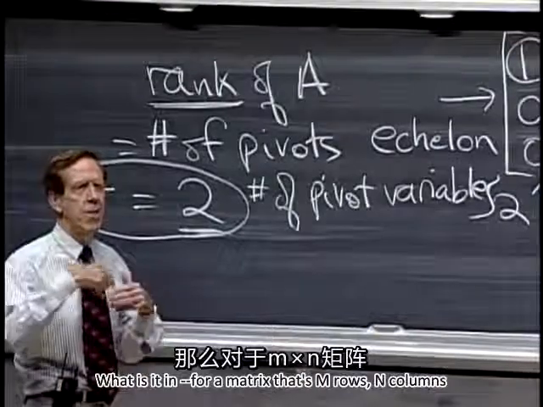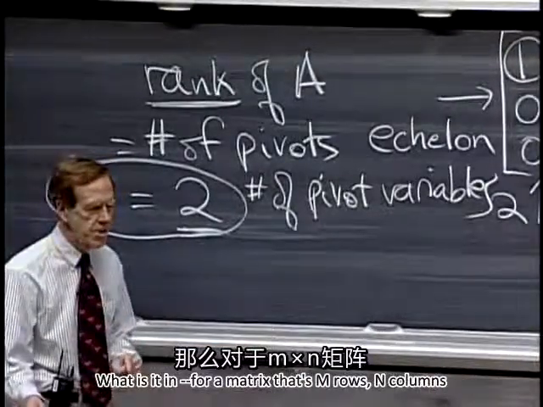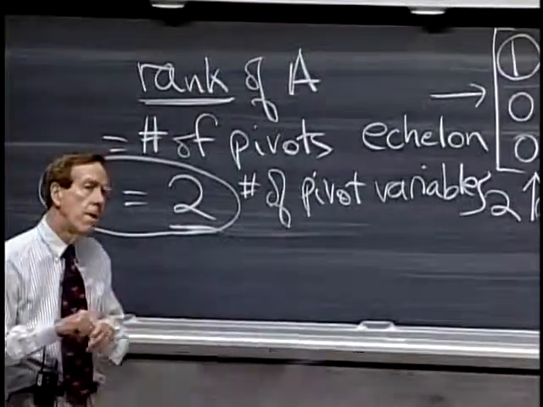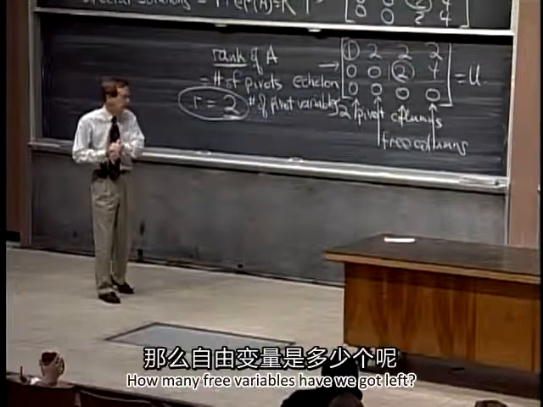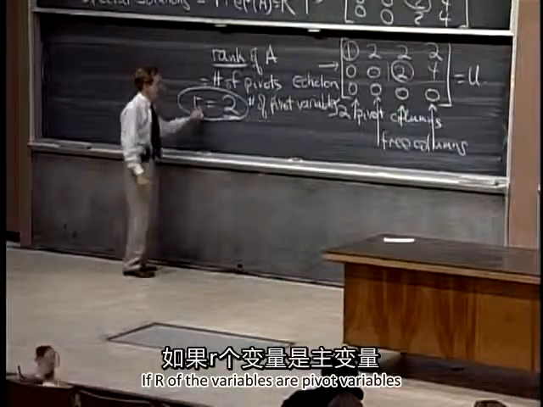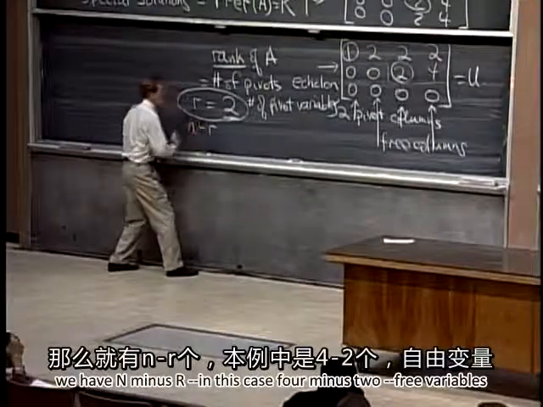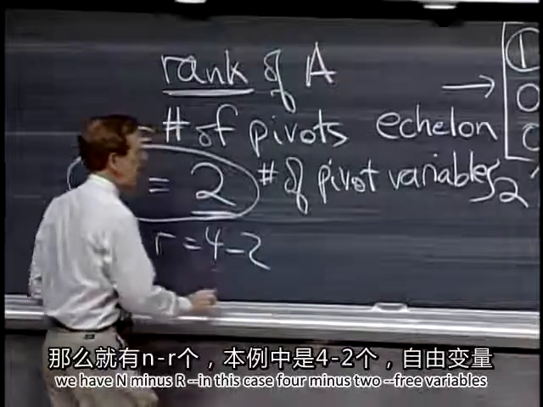What is it for a matrix that's m rows, n columns, n variables, that means, with rank R? How many free variables have we got left? If R of the variables are pivot variables, we have n minus R, in this case, 4 minus 2, free variables.